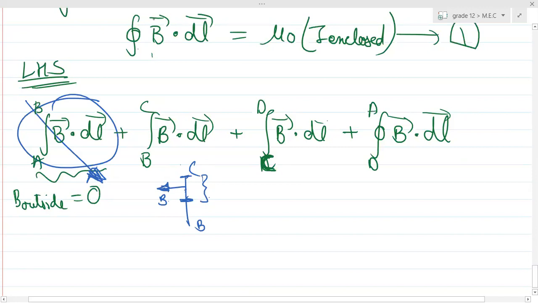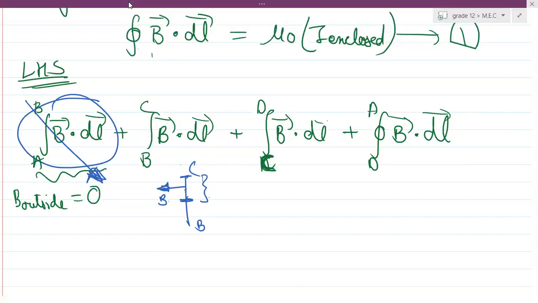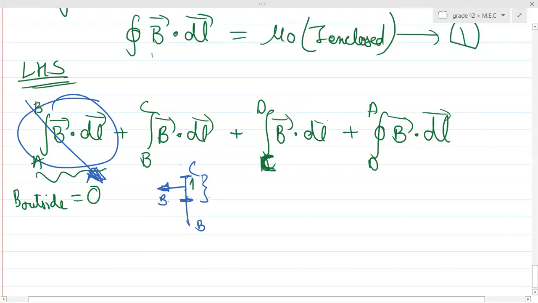And was the dl vector like this from B to C? Can you see the angle between the field and the dl vector is 90 degrees? So wherever it was out, it was 0 by default. But wherever it was in, it was making an angle of 90 degrees. Yes or no?